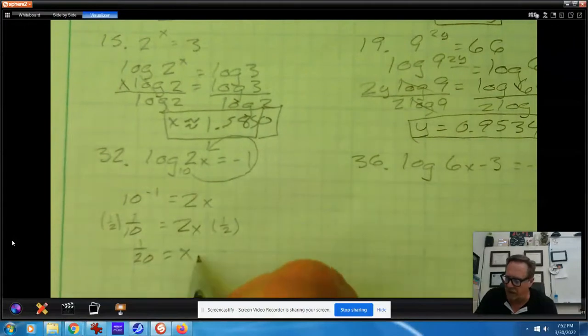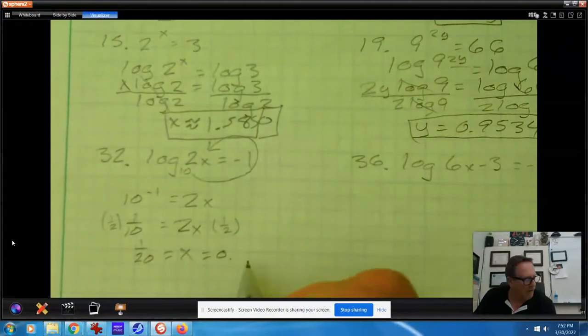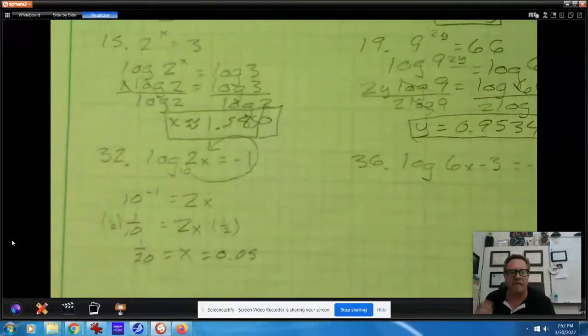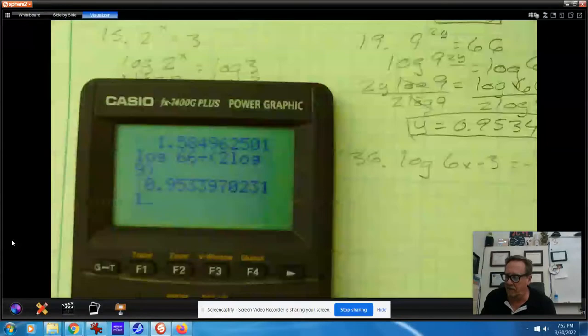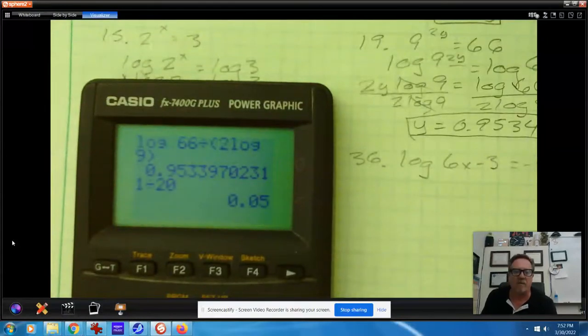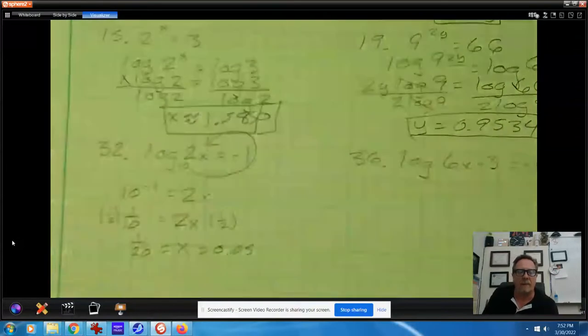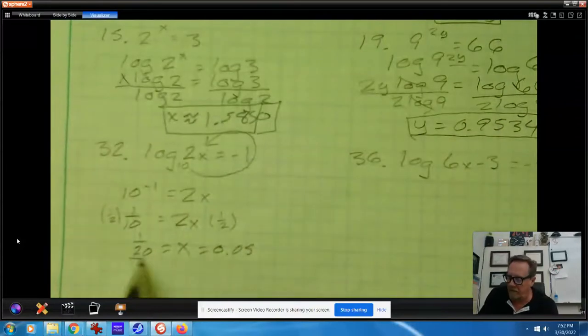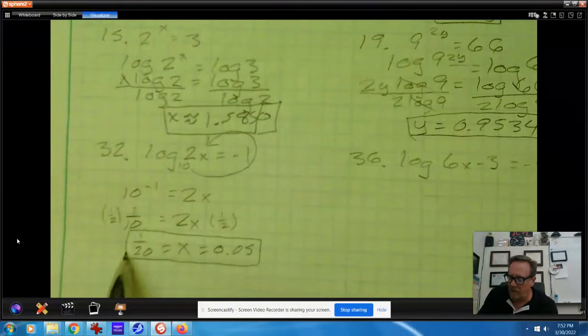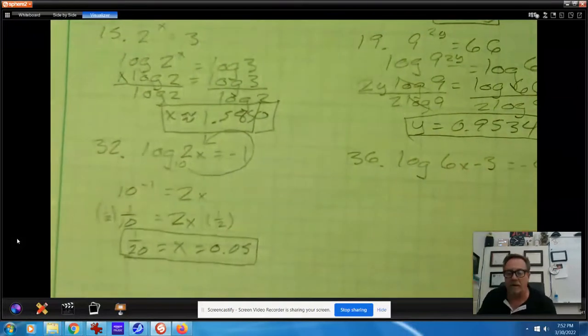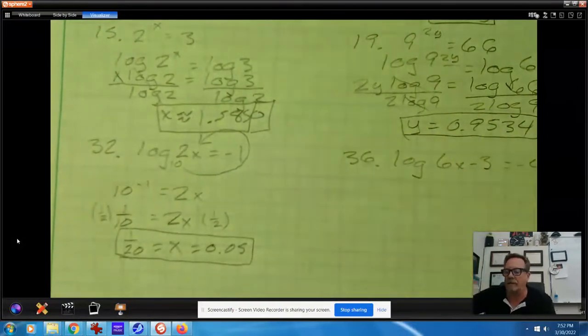So if you want to write that as 0.05, you can, because 1 divided by 20 is 0.05. Groovy? I like fractions, but your book is your book.